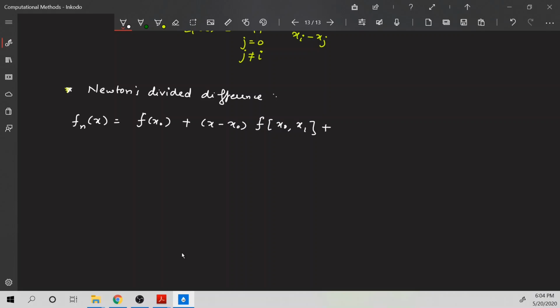Plus, this is going to be (x minus x0)(x minus x1) f[x2, x1, x0], and if you continue, it is going to be (x minus x0)(x minus x1) up to (x minus xn minus 1) f[xn, ..., x0].